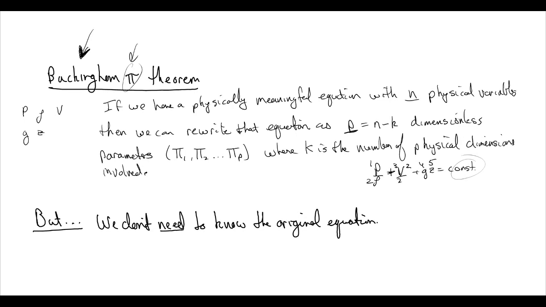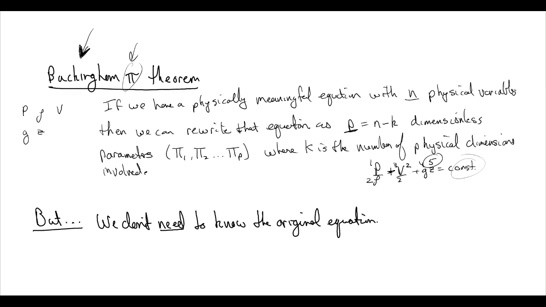So we have 5 physical variables, that's n. So what is k? K is the number of physical dimensions, and if we break this down, we have g, which is meters per second squared. So we have time and distance, so we have length and time. Z is length, so we have length already.